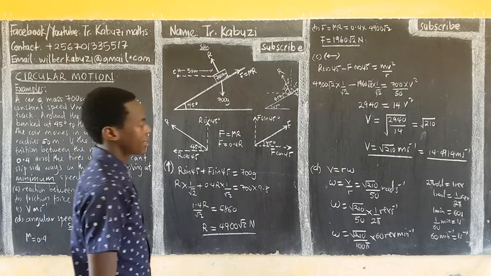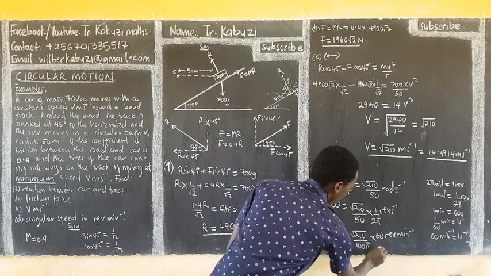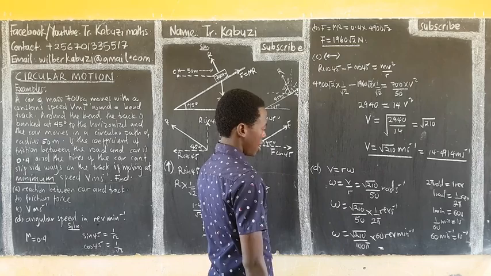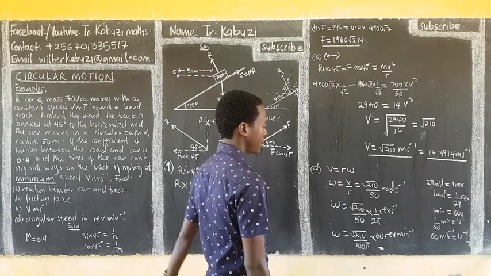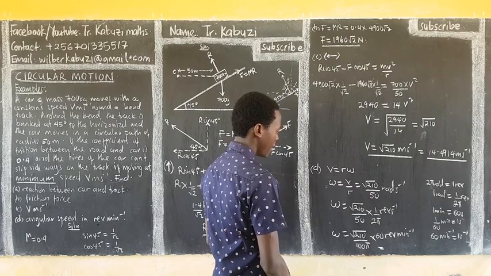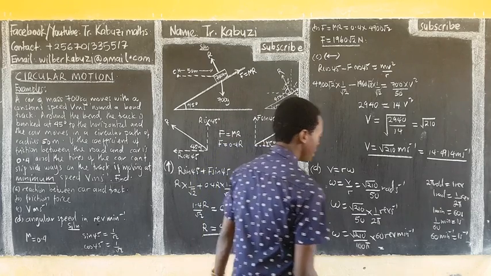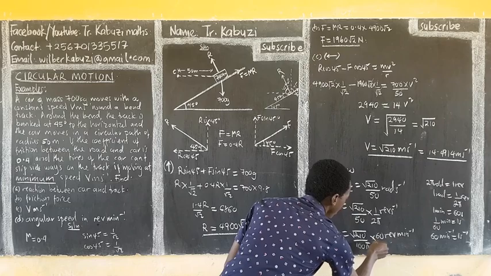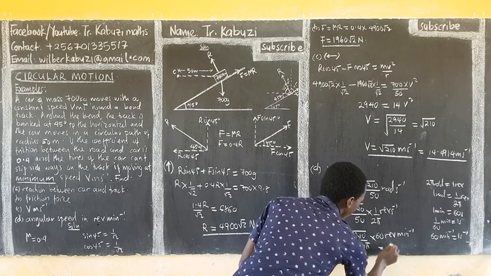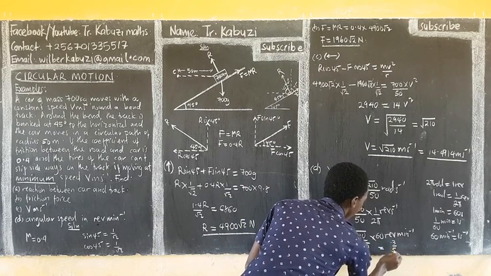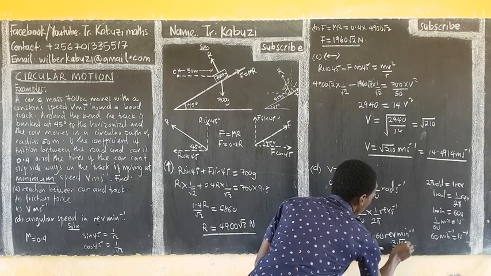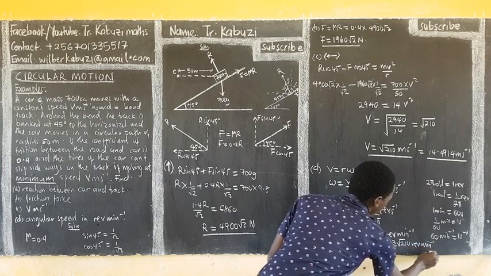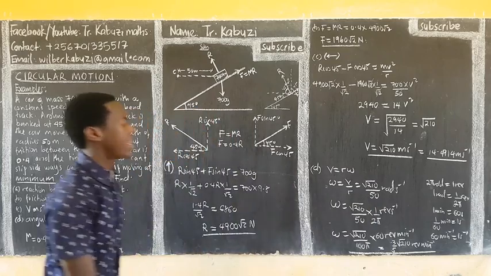And so that's going to be our answer, anyway, we can leave it there. It is going to be simplified: this 60 is going to cancel, then by 3, so it's going to be 3 over 5 root 210 rev per minute. So that is going to be the answer there.